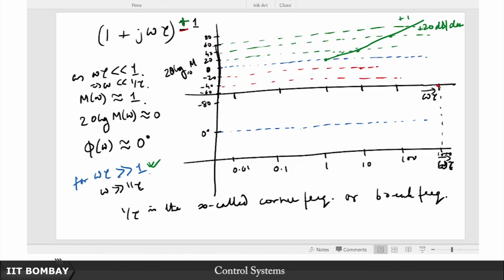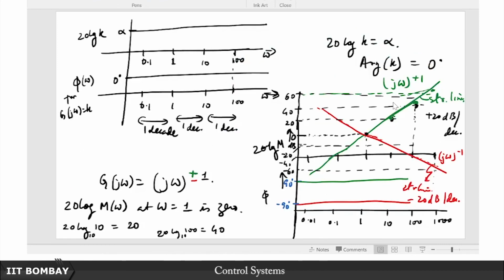So, let me just join those dots as best as I can with a straight line. Again, excuse my bad drawing, but this is supposed to be a straight line, and this is falling at minus 20 dB per decade, just like I had this line.